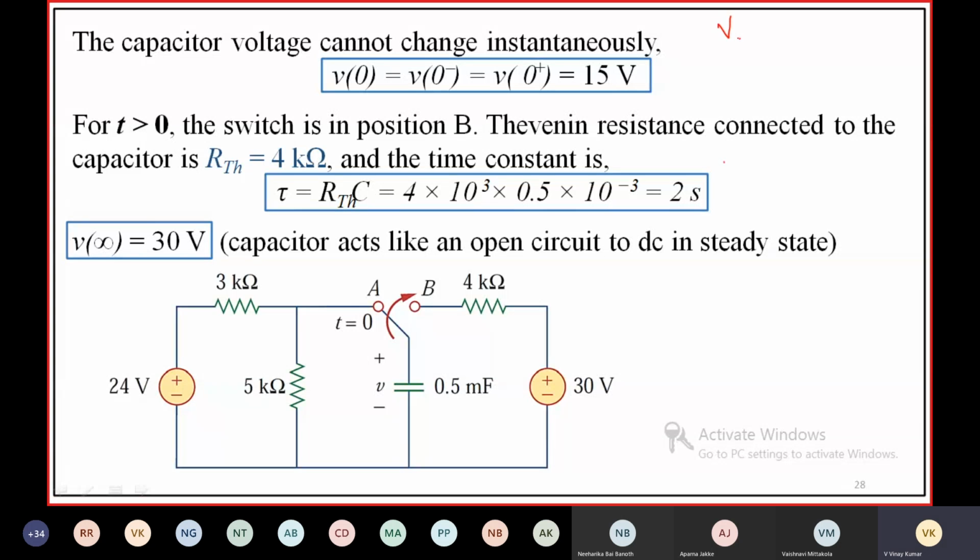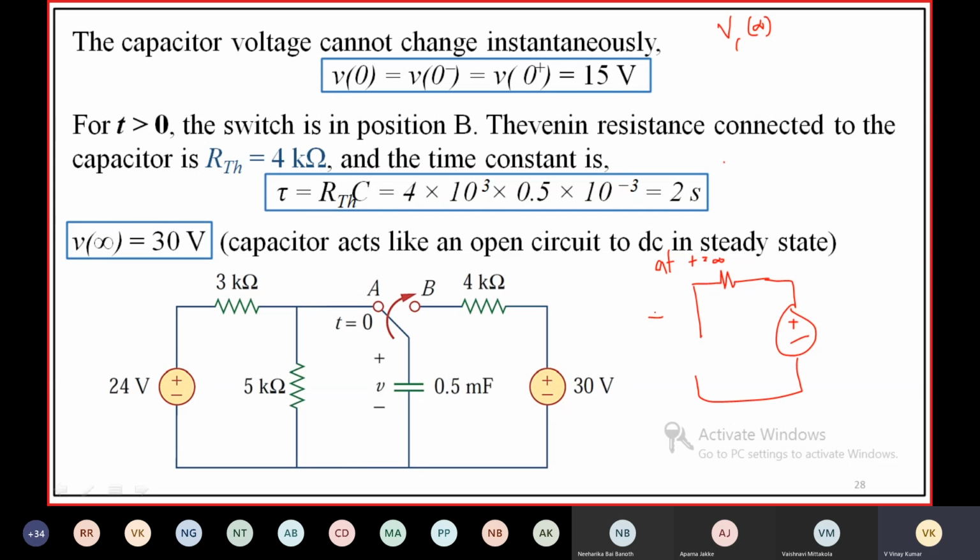Now we have to find Vc of infinity. At T is equal to infinity, the circuit will be like this. When time approaches infinity, the capacitor acts as an open circuit.